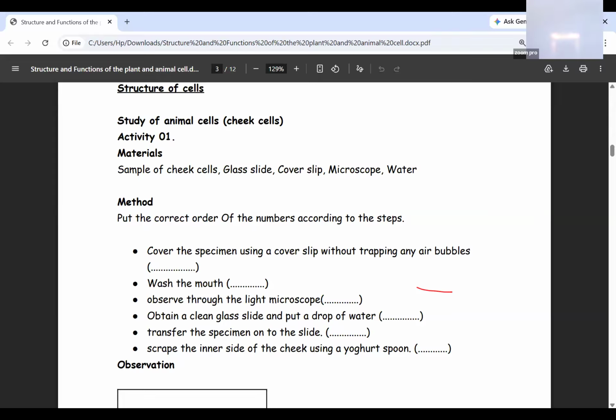I have given that, you have to put the correct number order. You can do that by observing the textbook.